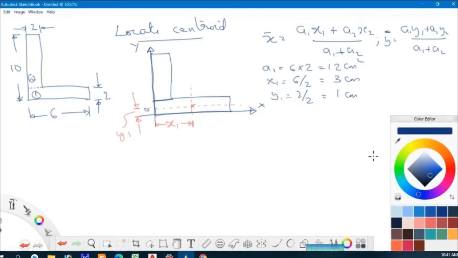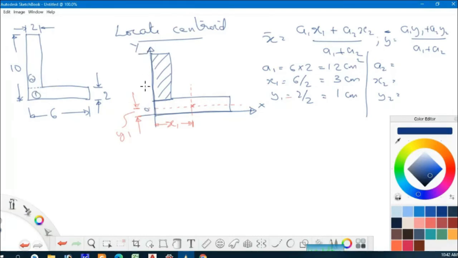Similarly, what will be A2? Now you have to find out A2, x2, and y2. A2 is the area of this portion. Remember that the length of this whole side is given as 10 centimeters.